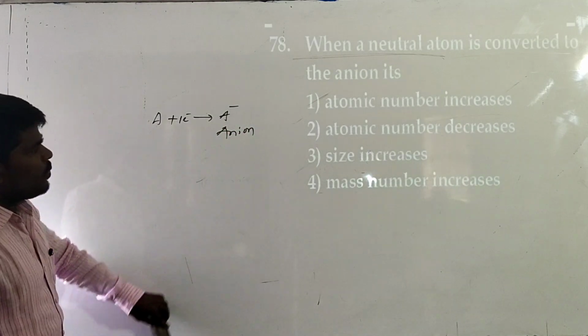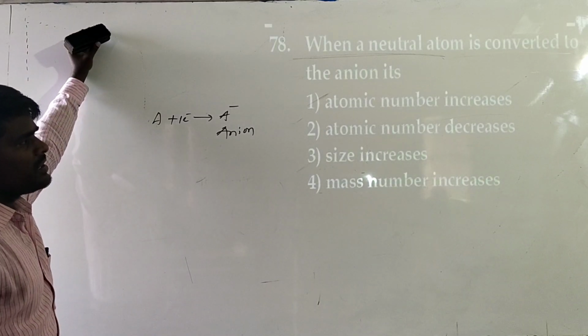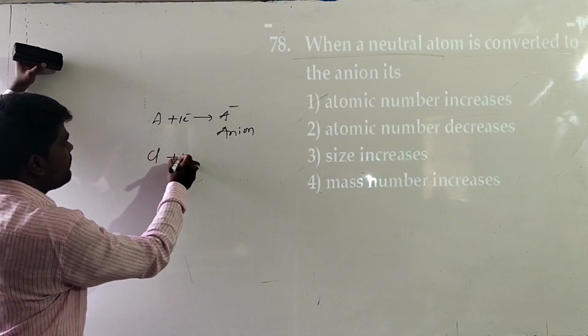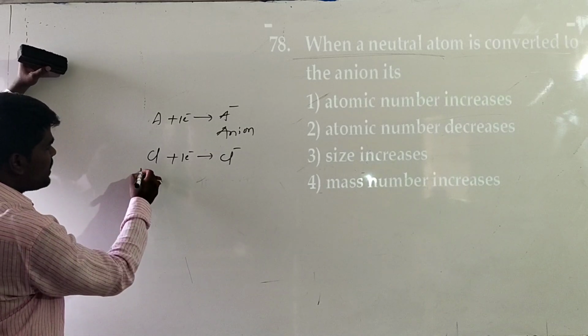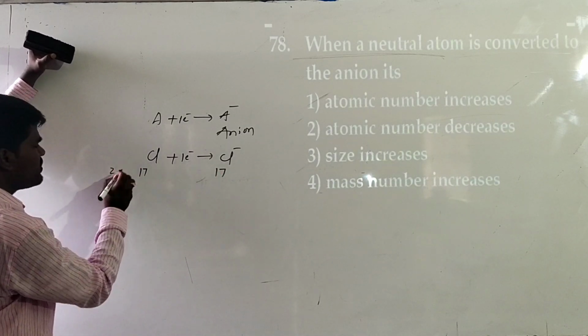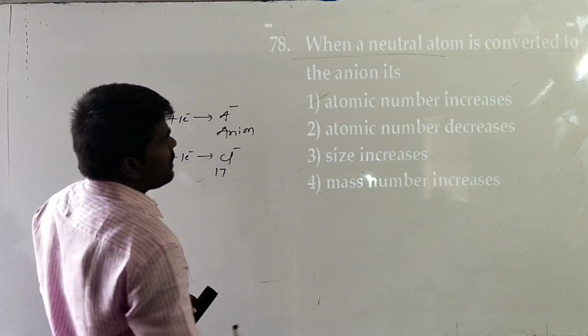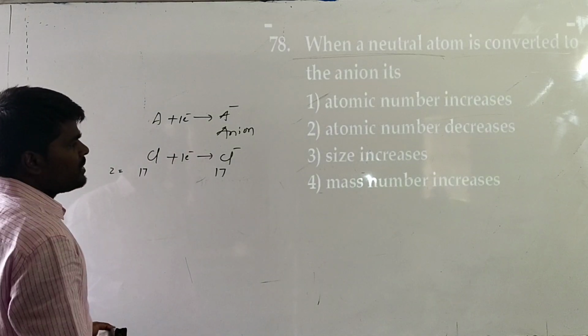Right? Now, what is happening when a neutral atom converts into anion? Is there any increase in the atomic number? No. For example, if you take chlorine, if you are adding an electron to chlorine, it becomes Cl-. What is the atomic number of chlorine? 17. Here also its atomic number remains the same. There will be no change in the atomic number first of all. Right? Atomic number decrease? As I said, there will be no change in the atomic number.